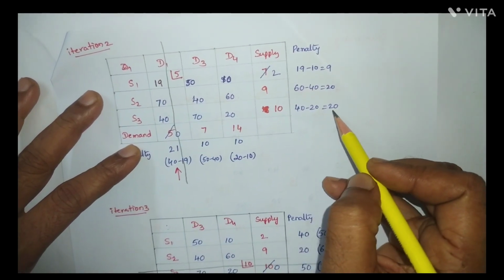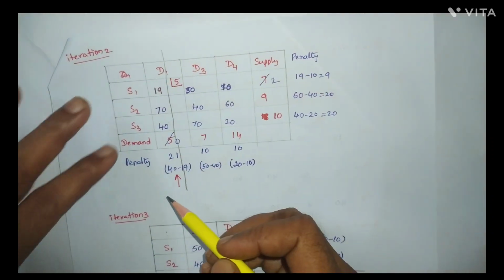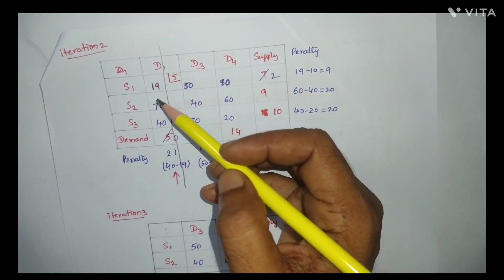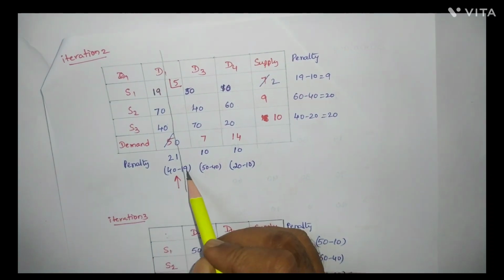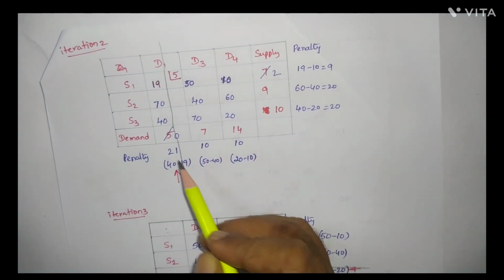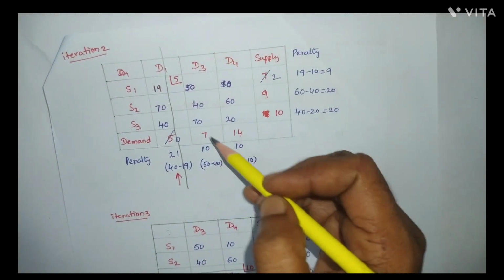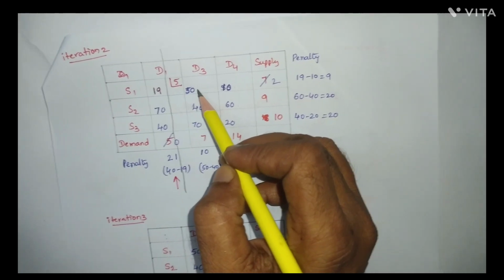Similarly, column wise, in the first column the first minimum is 19, the next minimum is 40. 40 minus 19 equals 21. In the D3 column, the first minimum is 40, the next minimum is 50. 50 minus 40 equals 10.